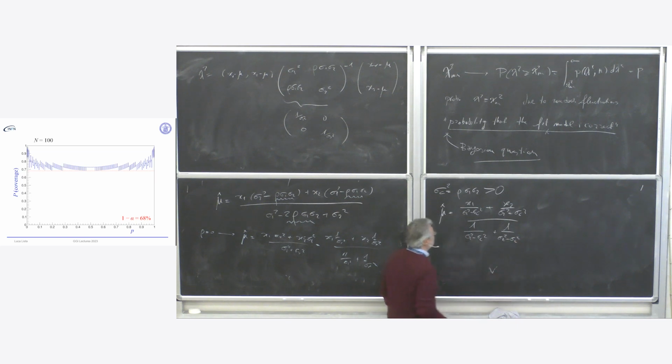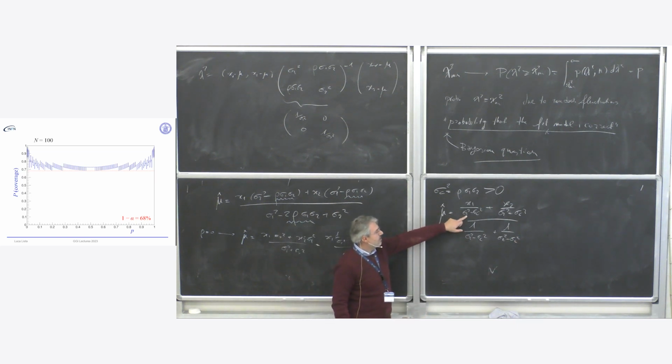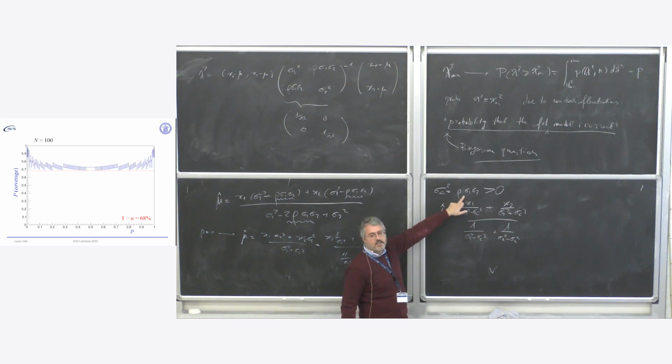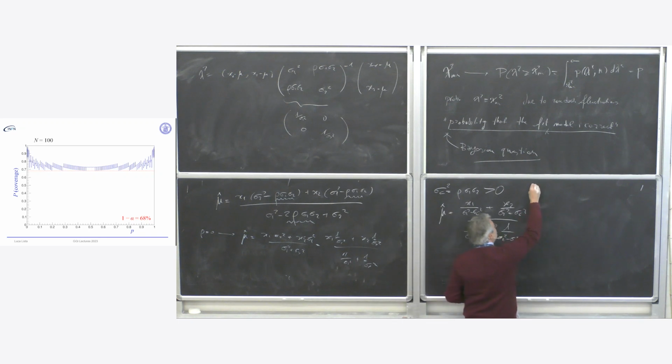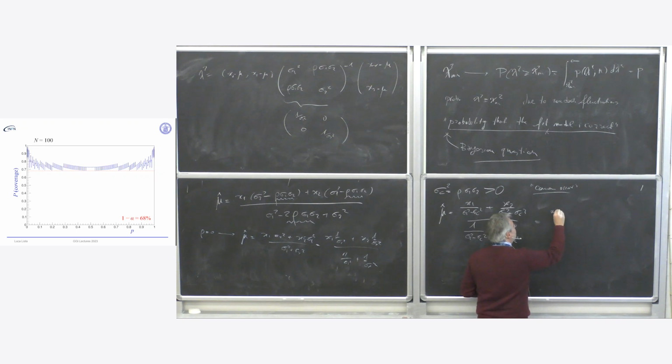So basically what you do here, you take the uncertainties sigma 1 and sigma 2, you subtract in quadrature what we can call the common error. This is called this in some papers. And you basically have the weighted average. So this is just W1 x1 plus W2 x2 divided by W1 plus W2.